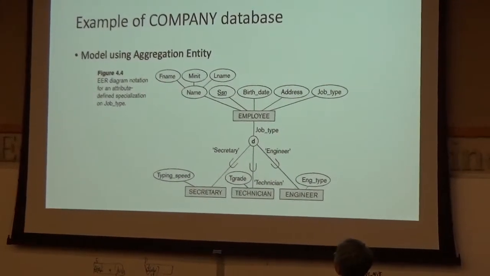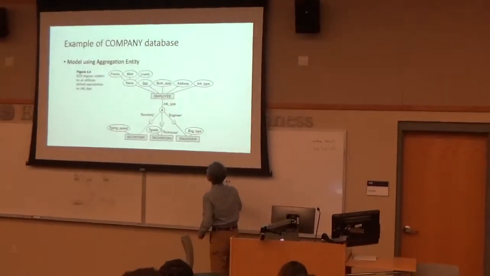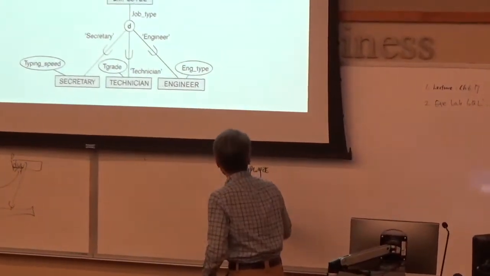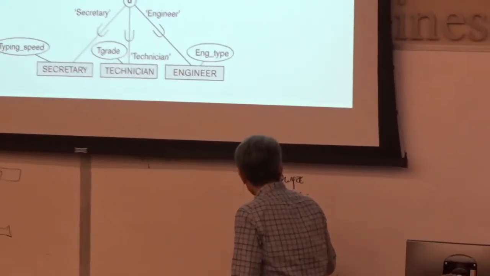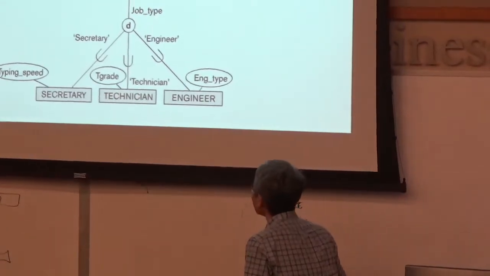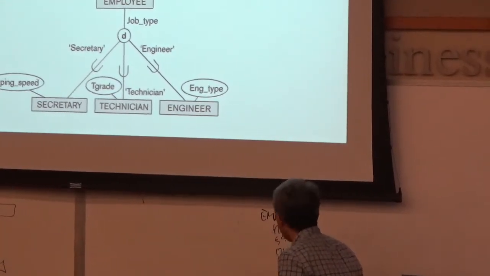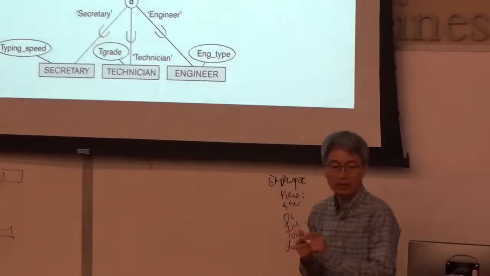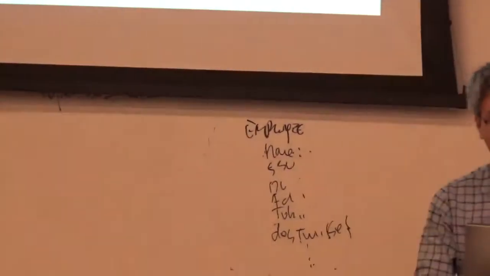Then this one has the common name and the SSN, DOB, and address, and the job type. For the job type, we have different descriptions of the job type. That is, a secretary has this information, and a technician has different information, and so on. That's the aggregation of that.